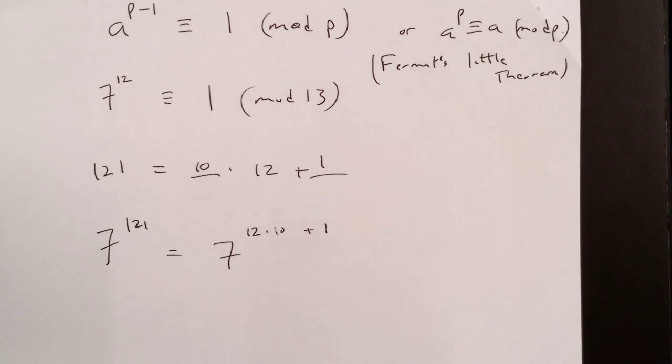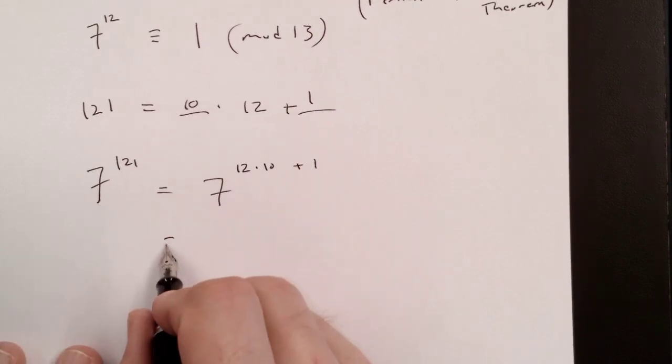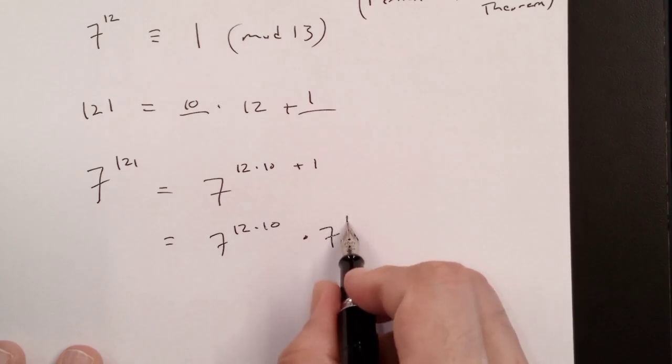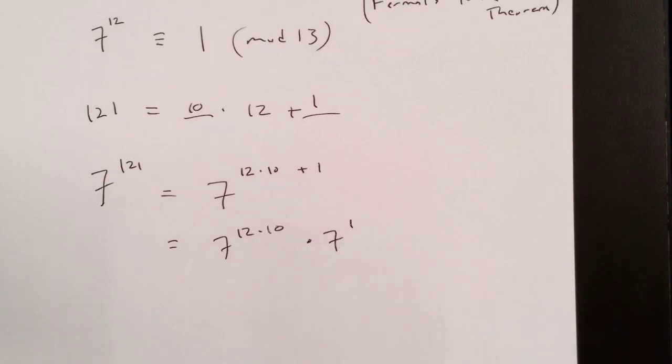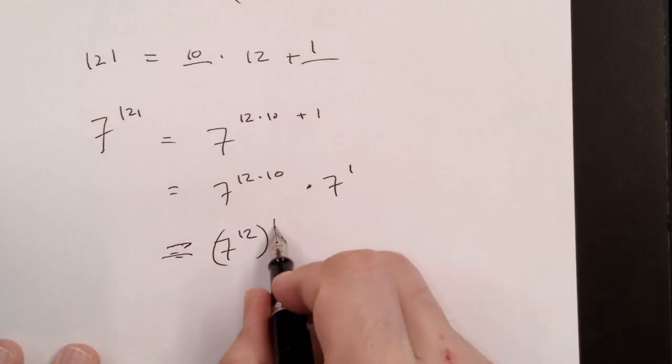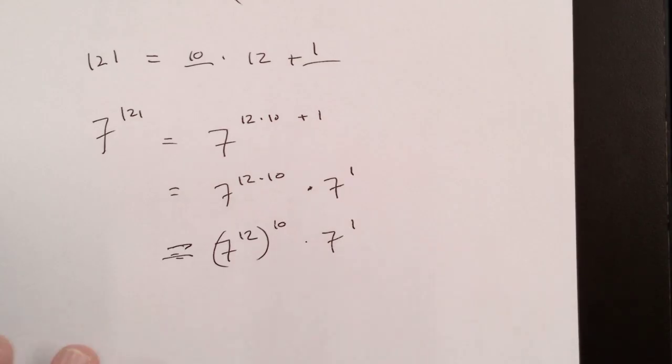When you are adding powers, that's the same as multiplying the bases, isn't it? And when you are multiplying powers, you can think of that as power of a power, yes? Notice those are all equal signs.